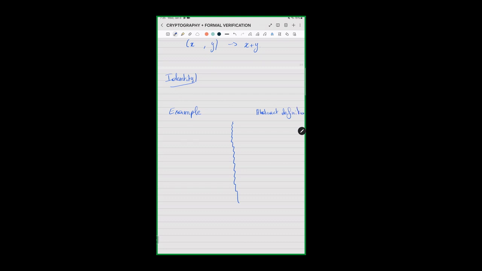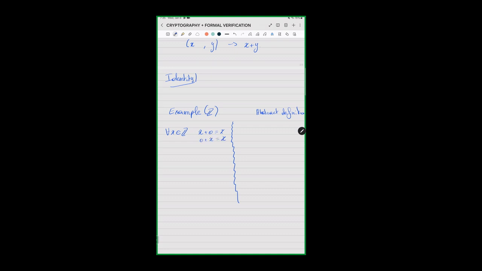So here I'm going to write Z for the integers. As I said, for all x in Z, x plus 0 equals x, and 0 plus x equals x.